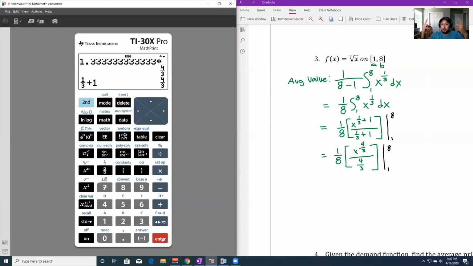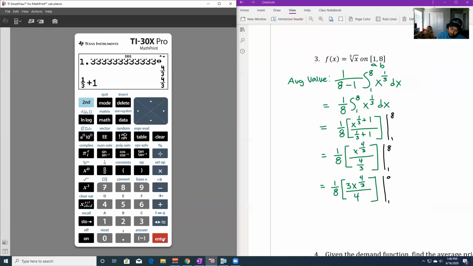We flip it over, right? We flip that 4/3 over. So I get 1/8 times 3x to the 4/3 over 4. Okay. Still evaluating from 1 to 8.